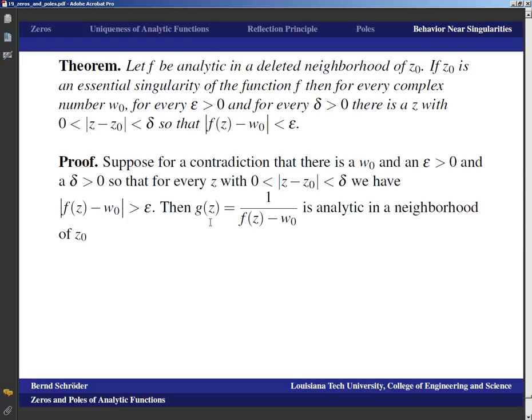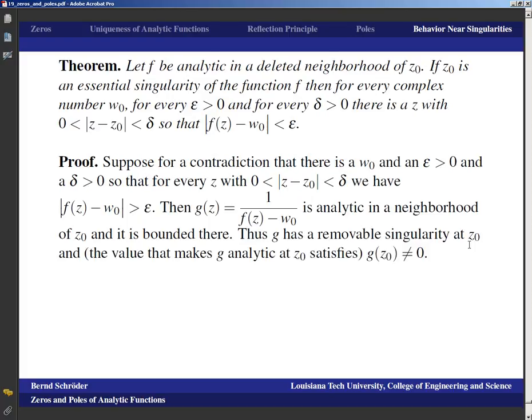Well, then I can take a look at g of z being 1 over (f of z minus w0), and that thing will be analytic in a neighborhood of z0 because the denominator isn't 0 in that neighborhood. Okay, and it's bounded there because the absolute value of f of z minus w0 is greater than epsilon. That means this thing is smaller than 1 over epsilon in absolute value. That means that g has a removable singularity at z0 by the preceding theorem.